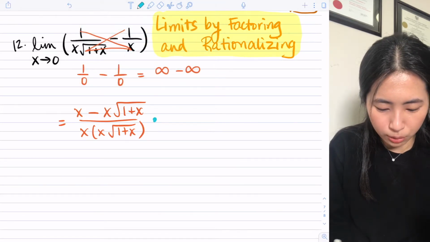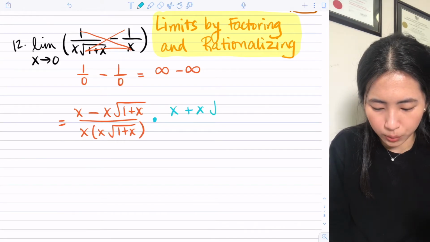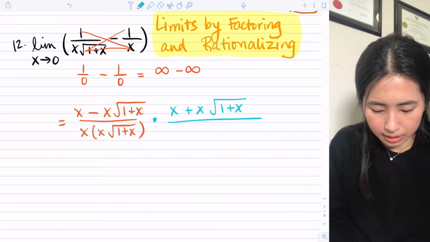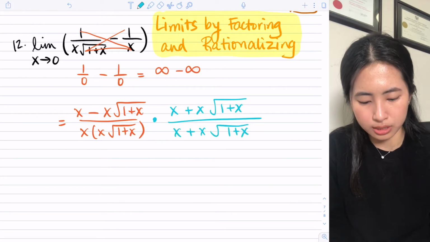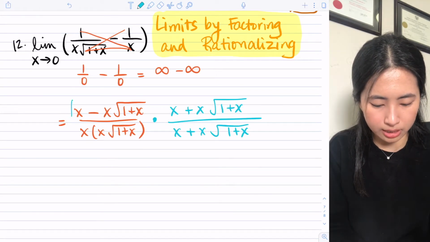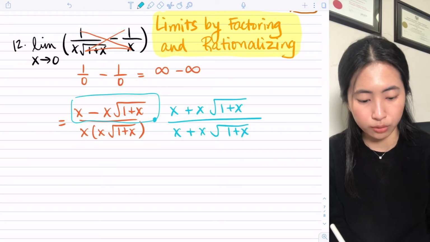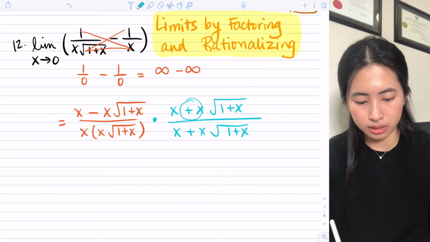So we have to multiply this by its conjugate, which is x plus x square root of 1 plus x, and this is x plus x square root of 1 plus x. The idea of conjugates is just the opposite sign of your expression. So if you have x minus x square root of 1 plus x, its conjugate would be in the form of a plus symbol.